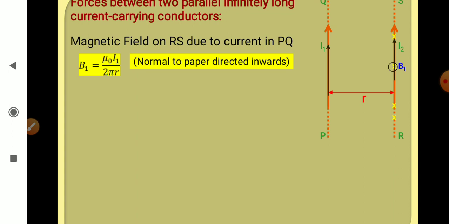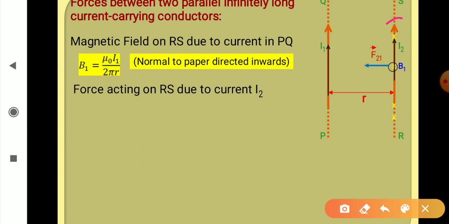And according to this, the magnetic field is normal to the plane of the paper and directed inwards. Okay, so force acting on RS due to current I2. Now, just look at this one and forget about this one. So here we have a current carrying conductor carrying current I2 placed in uniform magnetic field B1. So it will experience a force.